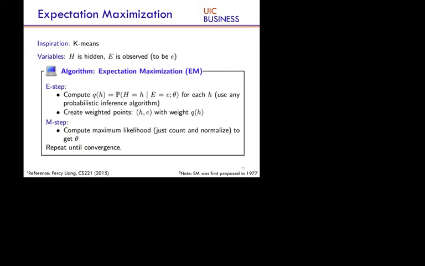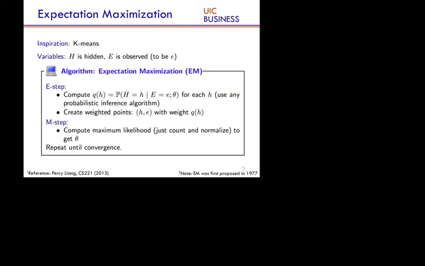k-means. As I said, H is hidden and E is observed. Let's say E is observed to be some small case e. Then expectation maximization is a name given to this algorithm because of two steps: an expectation step and a maximization step, short form E step and M step. The expectation step is the computation of marginals over the hidden variables. So in this case, let's say there's one hidden variable.